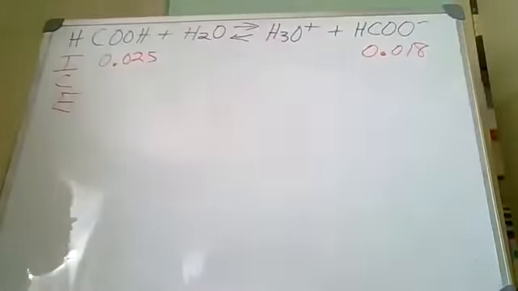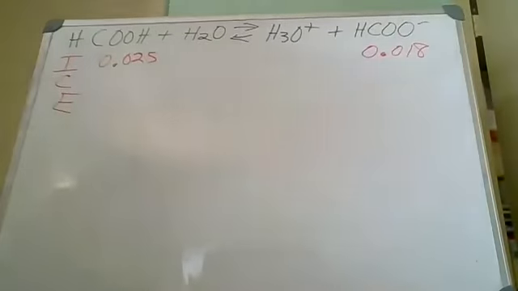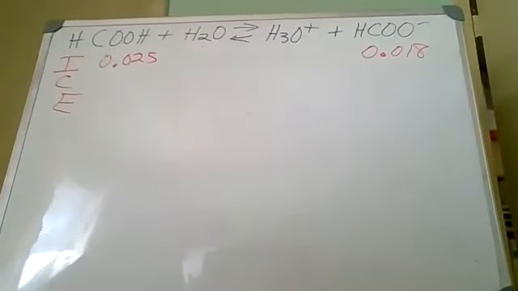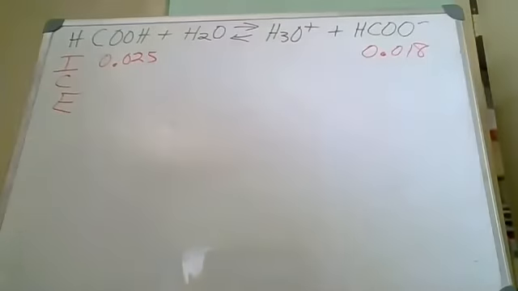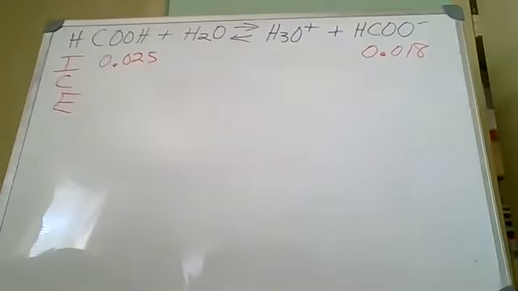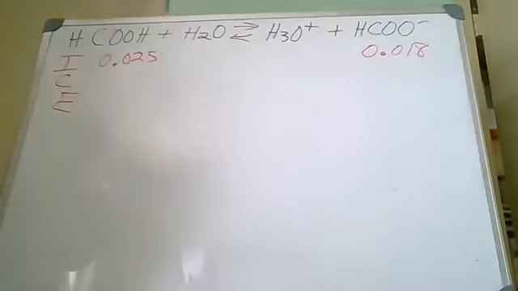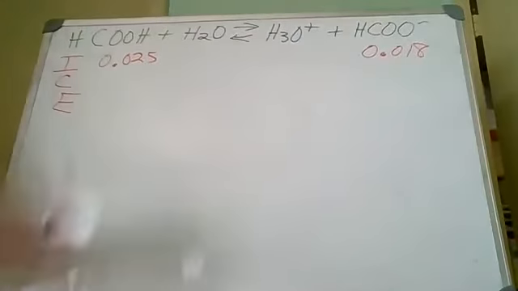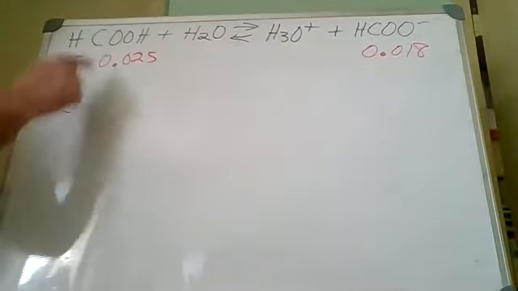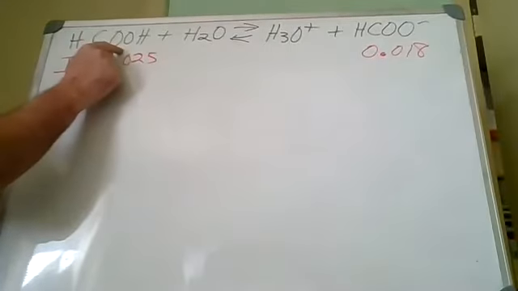Now, we're adding to this 50 mLs of a 0.1 molar solution. When we add the hydroxide, that's a strong base. However much hydroxide we add, it will completely neutralize this.